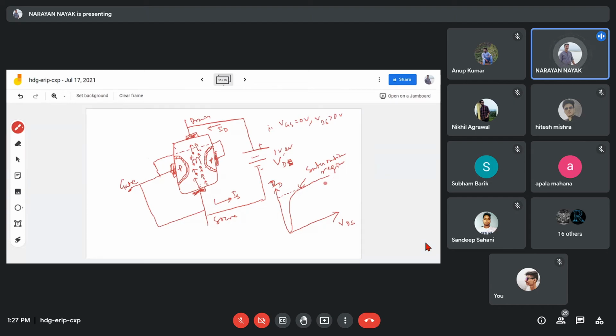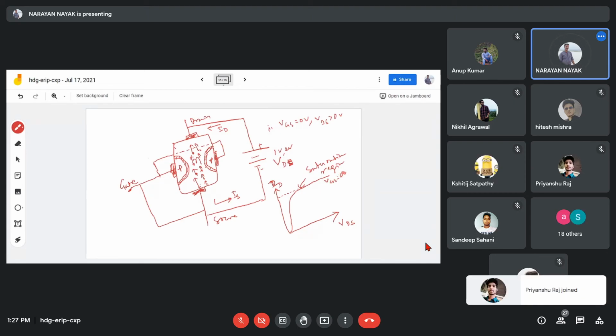In this saturation region, what is the gate source voltage here? It is your 0 volt. Understood? Now this is the saturation region, and the current flowing there is called IDSS. At the saturation region, the current across the drain is nothing but IDSS. This is the first condition.